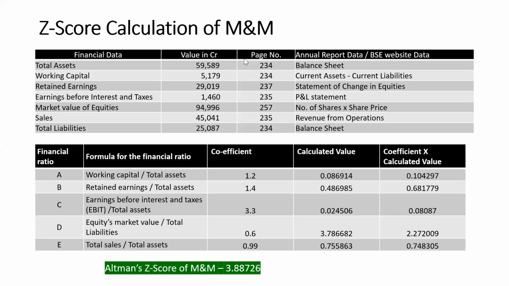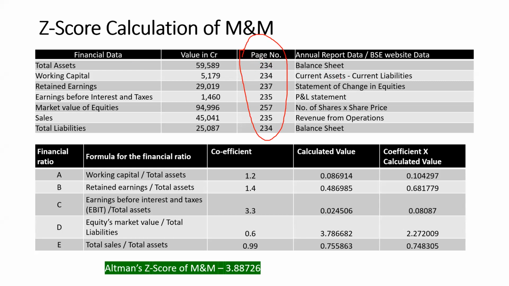See, on this page itself, I have already shown where the financial data is available. We require 7 financial data points. I have mentioned in the business report where you can find them. The total assets you can get from the balance sheet, which is page number 234.